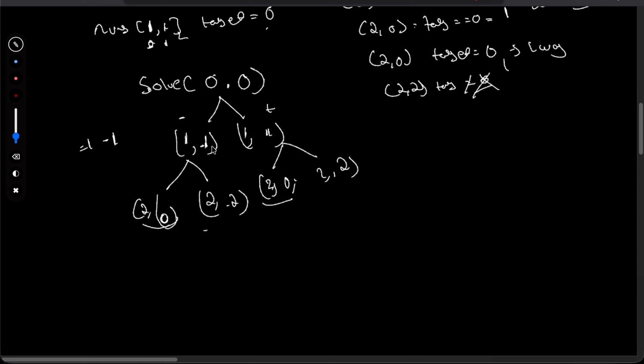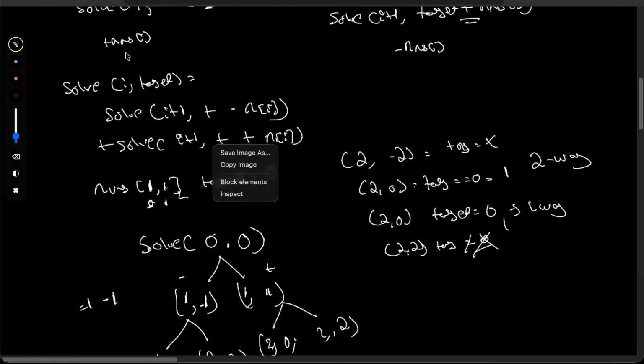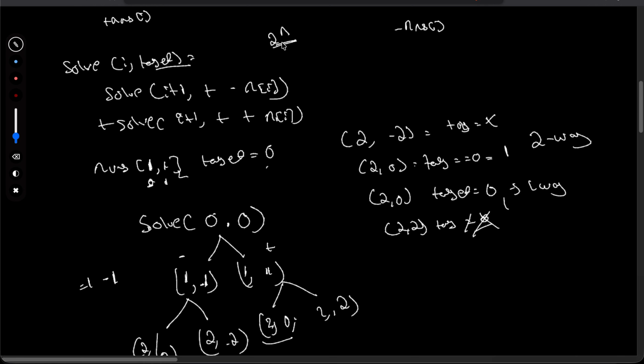So see, solve of i and target is solved many times, so the time becomes 2 to the power n, and a state is completely defined by i and target.